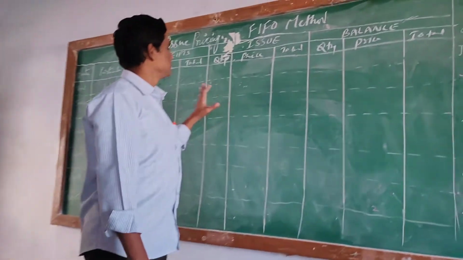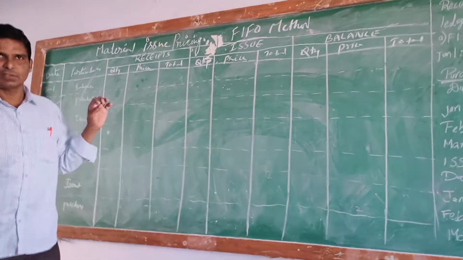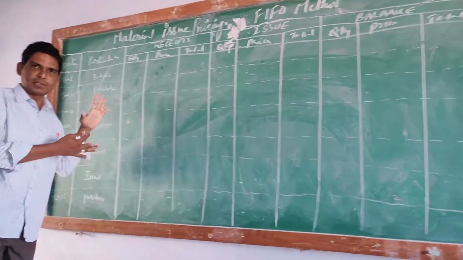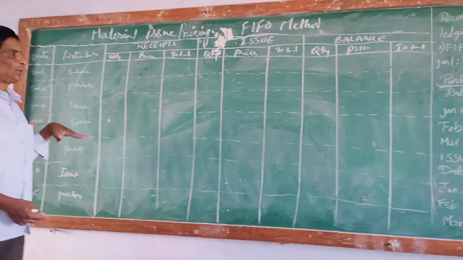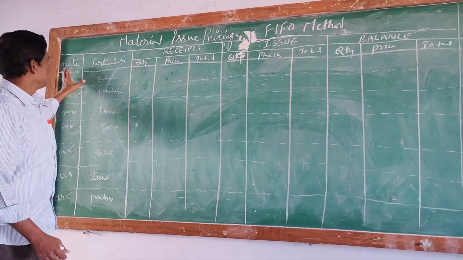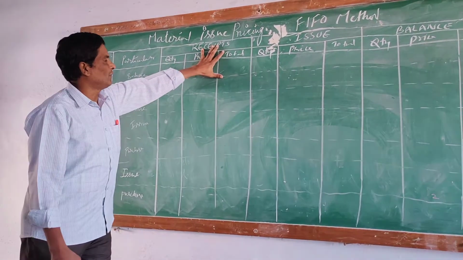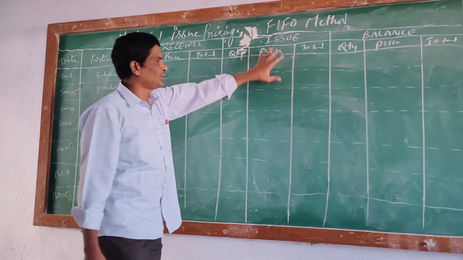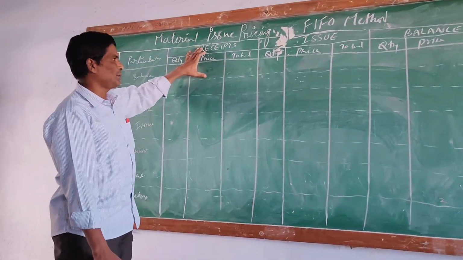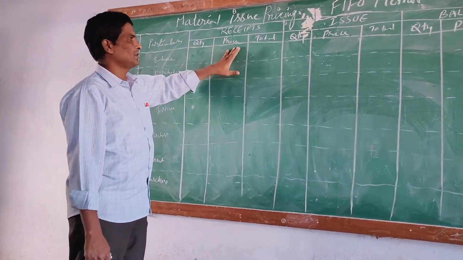For the sake of convenience, I made a table. Actually, this table seems peculiar, but it is very simple. Date column, second one receipts column, third one issues column, fourth one balance column. The receipts column is divided into quantity, price, total.